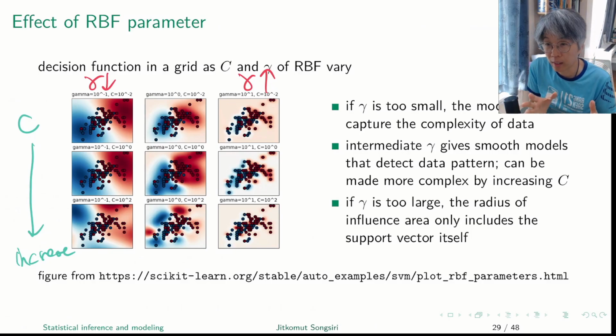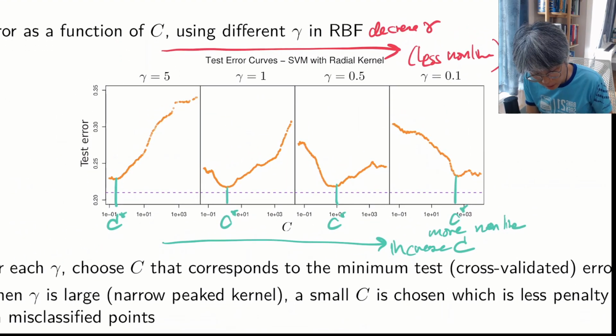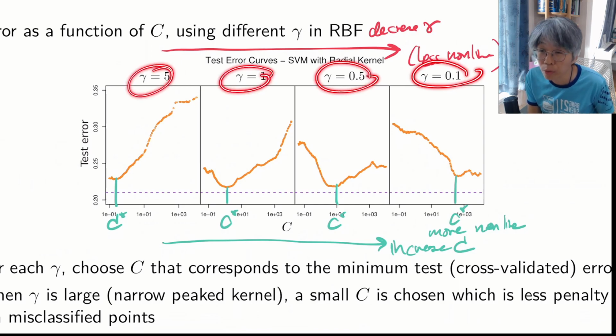So in conclusion, you're going to make a grid. You select a set of values of both parameters C and gamma, and then you use cross validation. In this one, you select values of gamma 0.1, 0.5, 1, and 5.